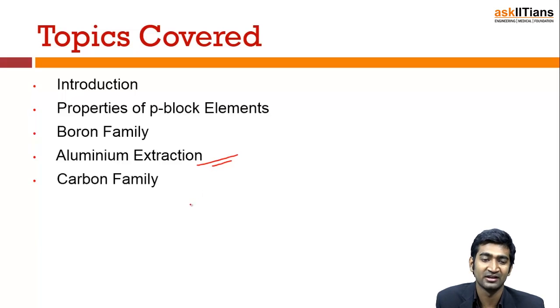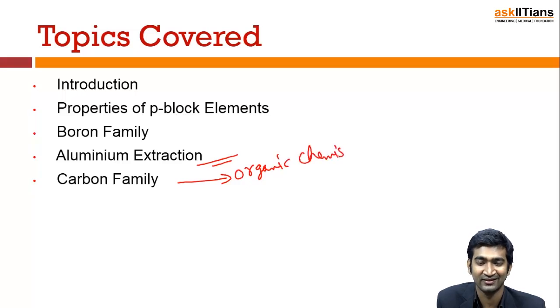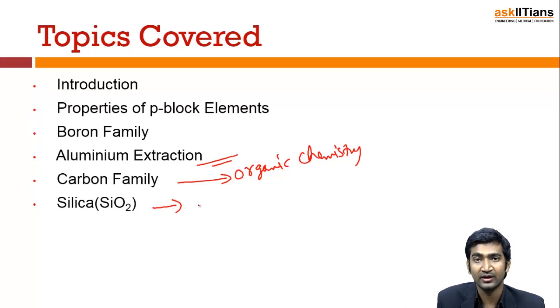Then the carbon family. It is the one element which has made a beautiful subject, organic chemistry, possible, right? So this also comes under the P Block. The compounds we have to study in the carbon family are silica, silicates, silicones and all. This is also one of the important components of glass.